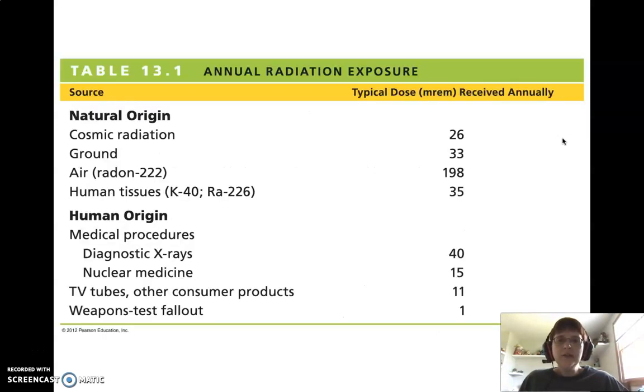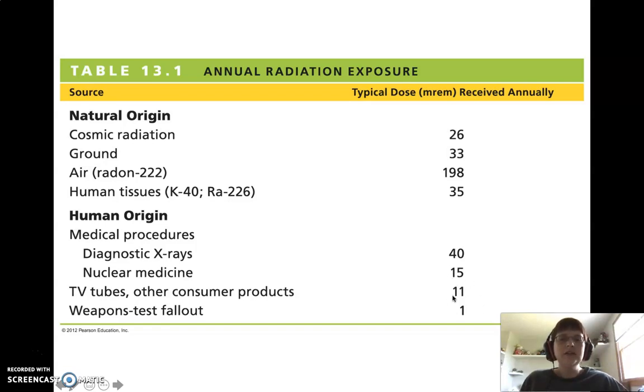So here's the breakdown if you're curious about where that exposure is coming from. A little of it is coming from cosmic radiation, some of it is coming from ground radiation. There is that air, the radon. I told you a lot of that exposure is coming from there. Just human tissue, yep, we have it too. And then here are the human origin ones. So you've got things like x-rays and any nuclear medicine. Not everybody's going to have this one, so again, this is just average.